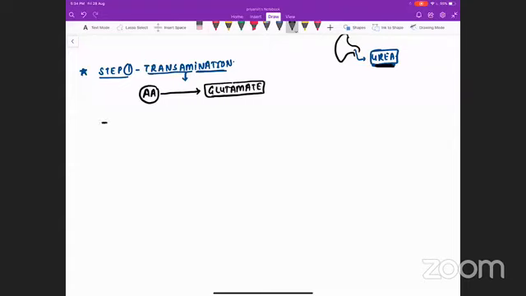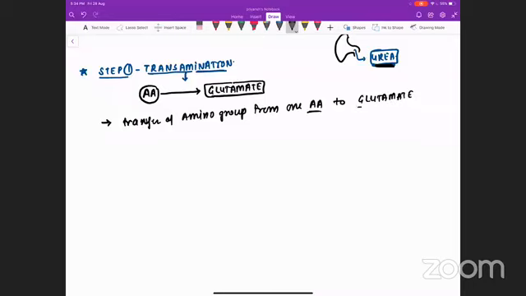So transamination is basically the transfer of the amino group from one amino acid to glutamate. We are going to convert amino acid into glutamate by transferring the amino group.